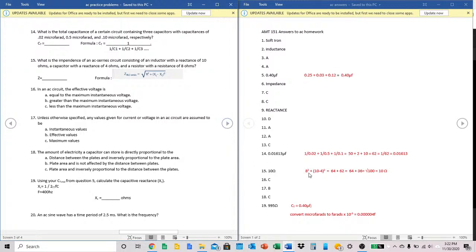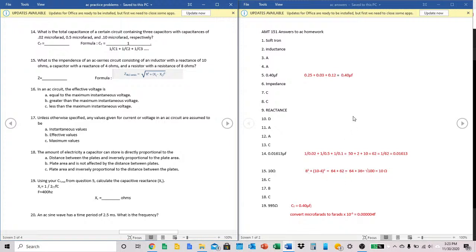which I described here. Our resistance is 8 ohms, so we have that here: 8 squared plus 10 minus 4, which was our inductive reactance first, minus our capacitive reactance. So our inductive reactance was 10, our capacitive reactance was 4, squared, all taking the square root of. You calculate that out, that gives you 64. 8 squared is 64. 10 minus 4 gives us 6, and 6 squared gives us 36.